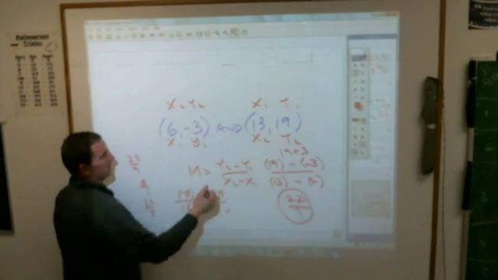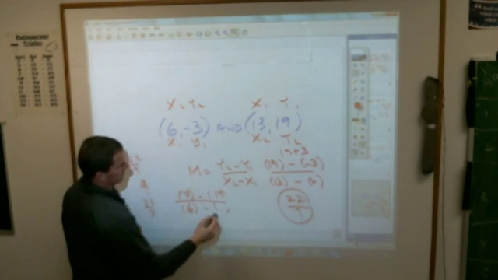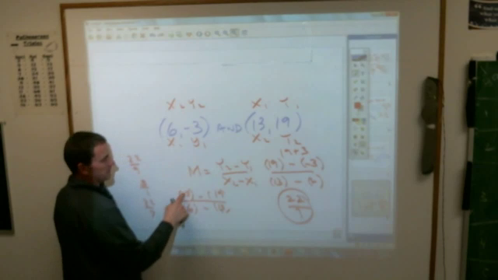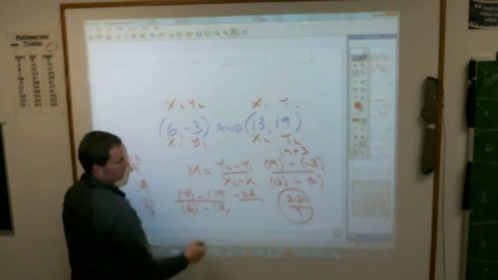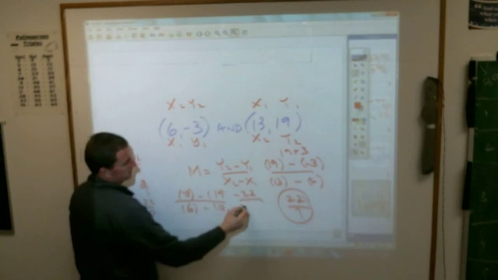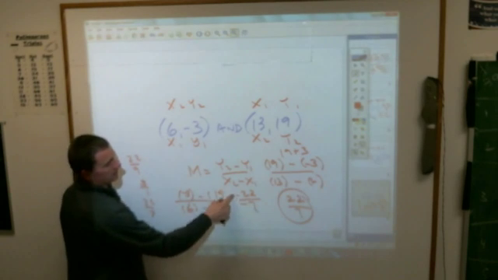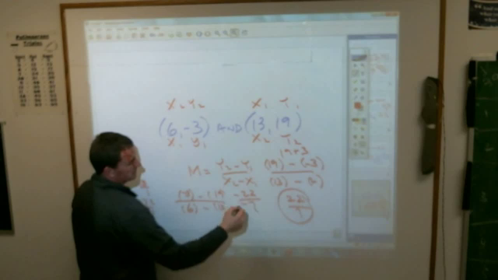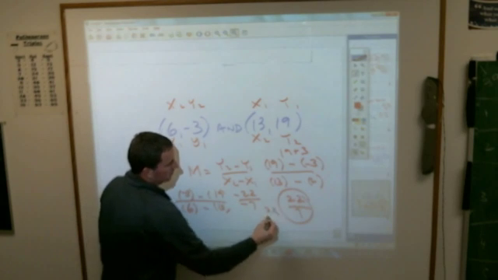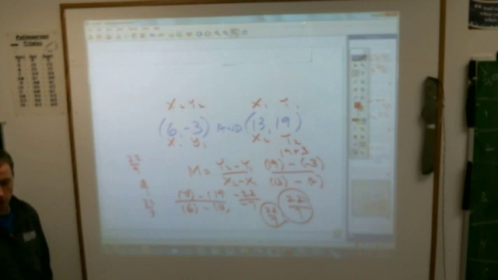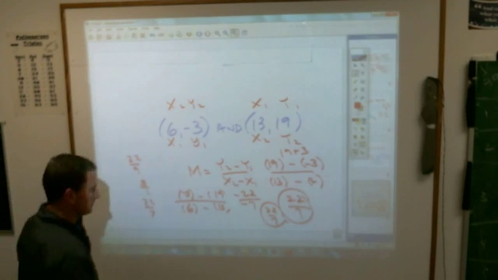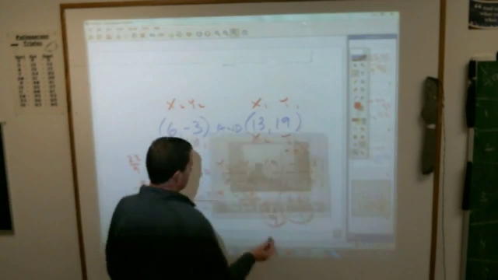I was looking at the wrong one. Minus x1 right there. What is a negative 3 and a negative 19? Negative 22. 6 minus 13 is a negative 7. Negative over negative ends up making it a positive. So it ends up still being 22 over 7. Doesn't get much more exciting.